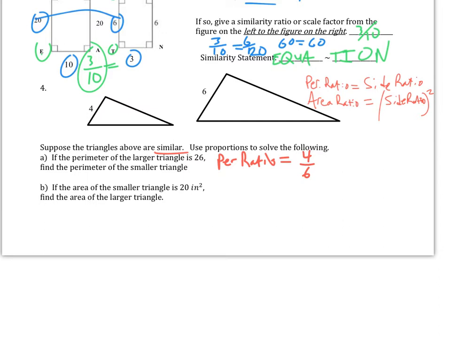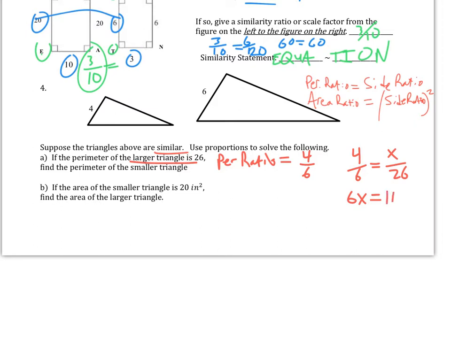So it's 4 to 6. Does that mean that's the actual areas? No. That means if we have 4 to 6, and we know that the large triangle has an actual area of 26, we can put x over 26. And now we're ready to cross multiply. We get 6x equals, let's see, that's 40, and 26, that's 64, right? No, I'm sorry, that's 80 and 24.